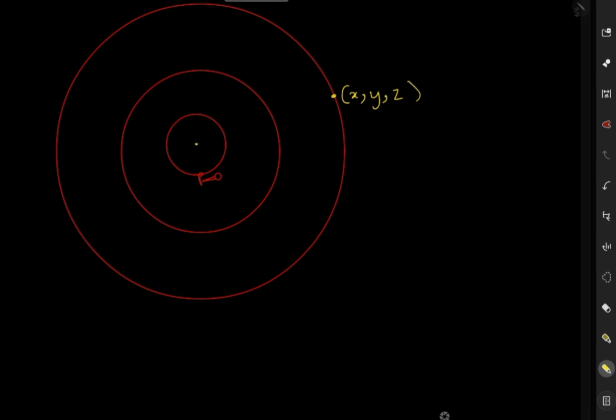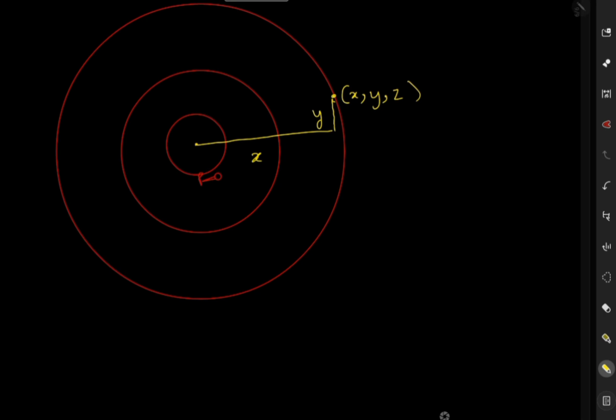Then from here, this is the x distance, this is the y distance.